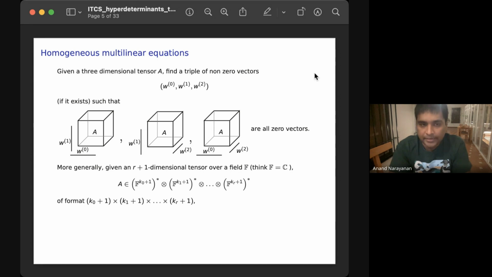And a tensor is going to be an element in the tensor product of a bunch of dual vector spaces. And we are going to allow the vector spaces to have different lengths, right? So they don't all have to be the same length. And so this is just a fancy way of saying that A is a multilinear form.